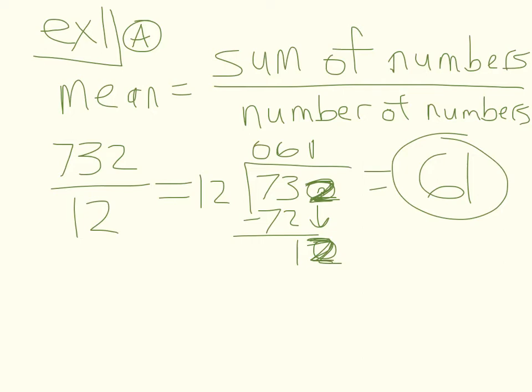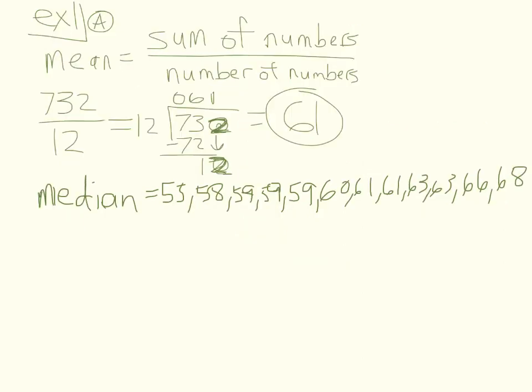Median is about putting the numbers all in order from least to greatest, or greatest to least, it doesn't matter. And then you are crossing off one on each side. 1, 1, 1, 1, 1. And then there's 2 in the middle. So these 2 were the ones we crossed off last.